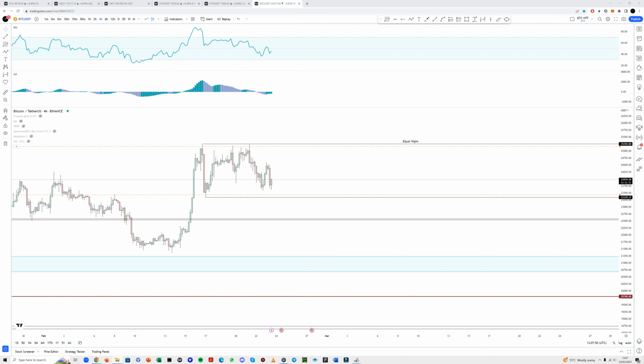Now, you'll notice that this horizontal line has equal highs marked here. Essentially, we came up a few days ago and failed at the 25 to 50 level after taking out this local high here. And what we've done is we've created two equal highs. Now, whenever we have equal highs or equal lows, it's generally considered as sort of unfinished business, and we expect those highs or lows to be swept or taken out.